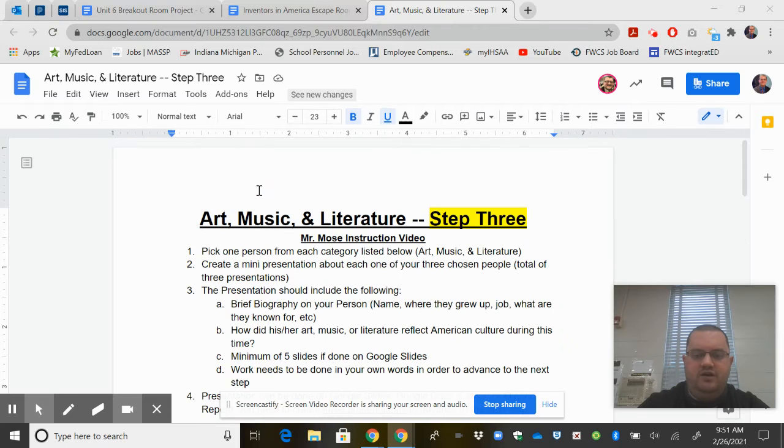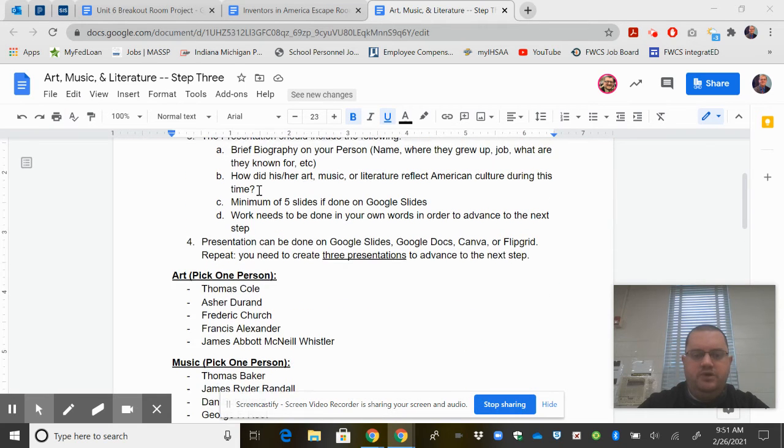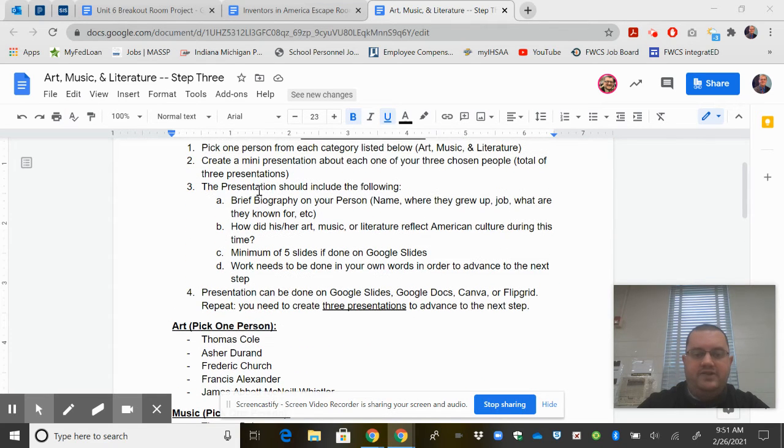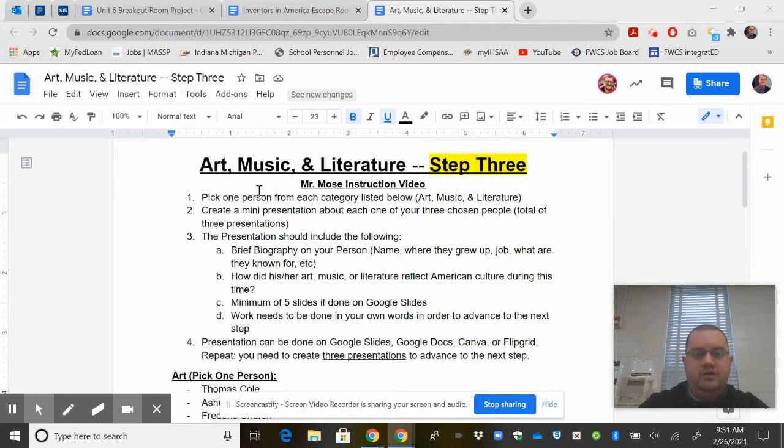Once you pick a person, you're going to create a mini presentation about each one of your three chosen people. When this step is done, you're going to have a total of three presentations. Your presentation should include the following: a brief biography on your person, so some general information about them.